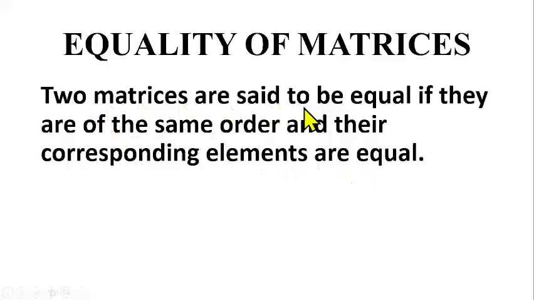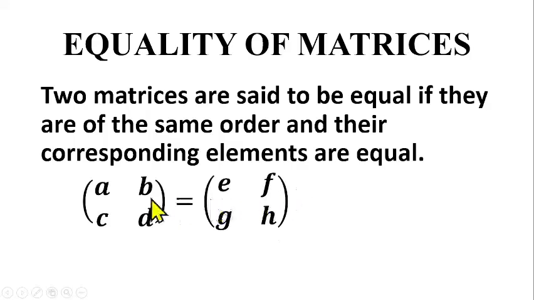So they are equal because they are of the same order, and their corresponding elements are equal as well. For example, we have this 2 by 2 matrix equal to this 2 by 2 matrix, and it means that A is equal to E, B is equal to F, C is equal to G, D is equal to H. That's the implication of their equality.